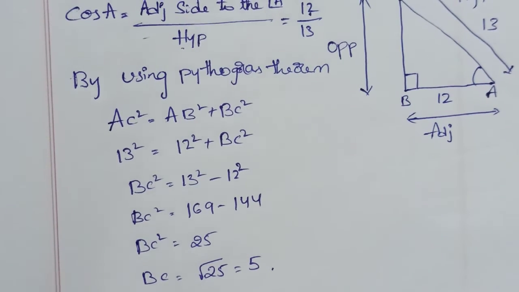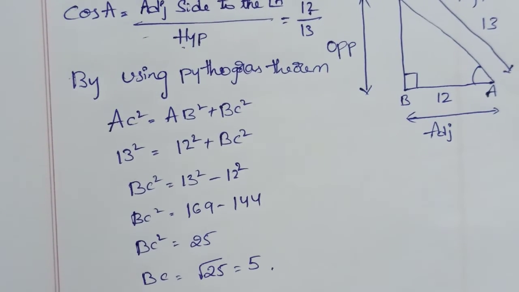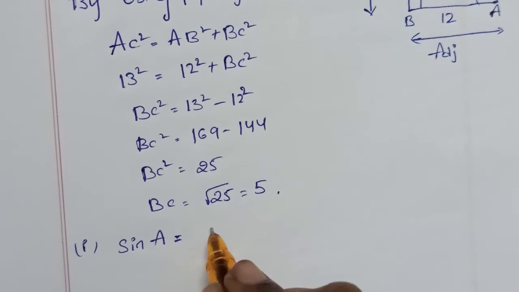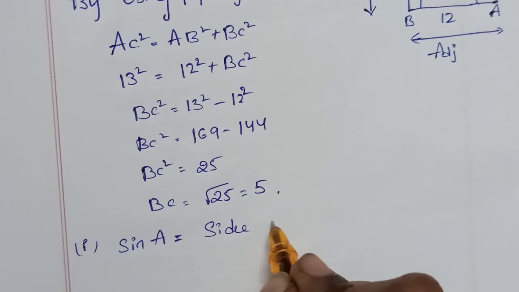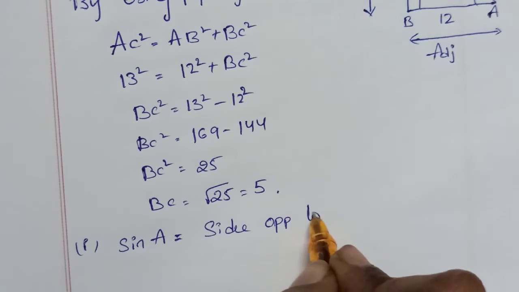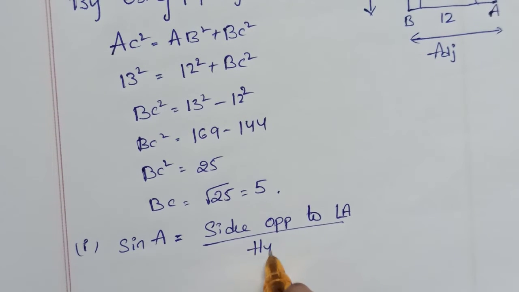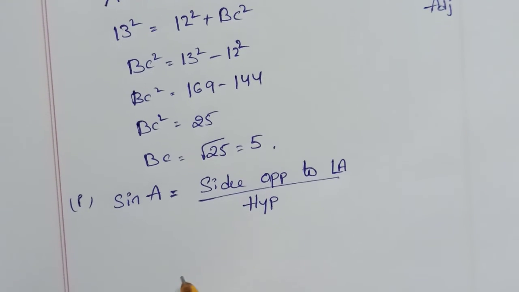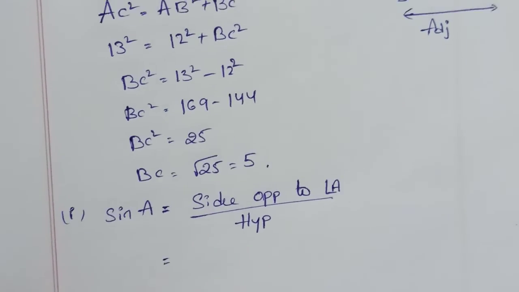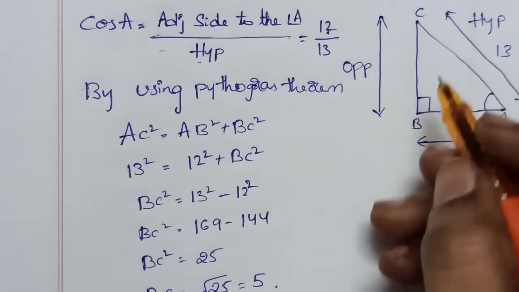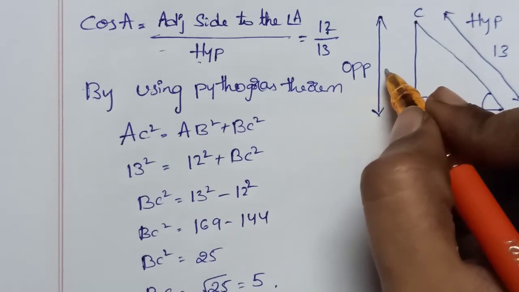Now we find the value of sin A. Side opposite to angle A by hypotenuse. Here opposite is BC.